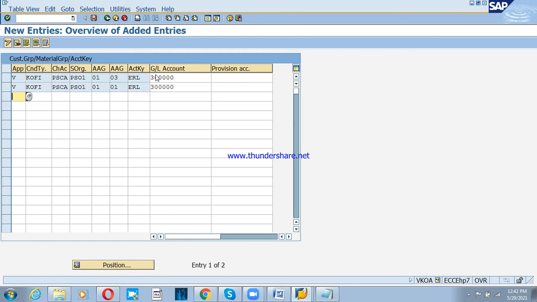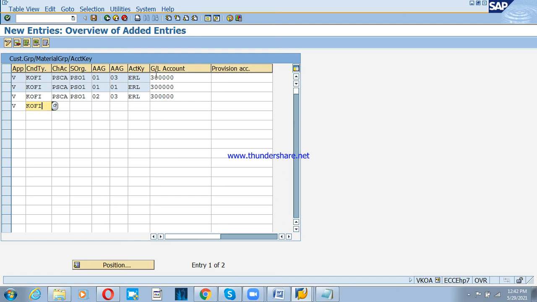Okay, this GL. Now again, KOFI, PSCA, then PS01. Now I am going to sell my product to my foreign customer. I am going to sell finished goods. Again, whenever any transaction happens to foreign customer, then balance should appear in this particular GL.